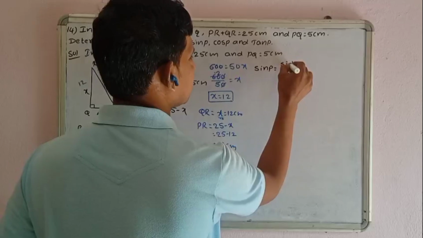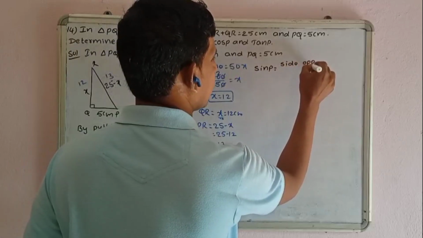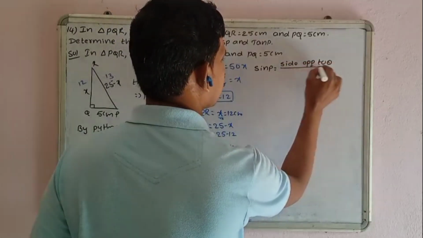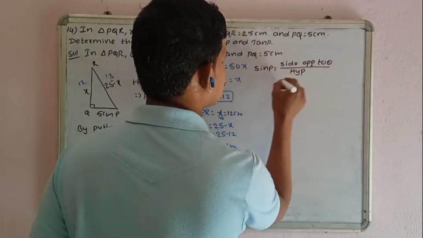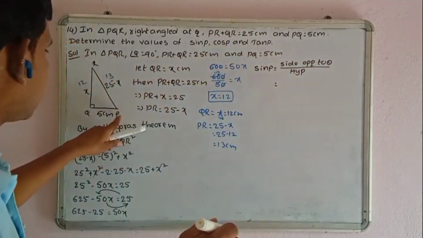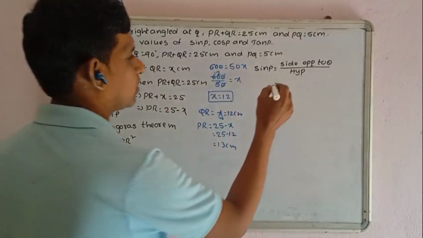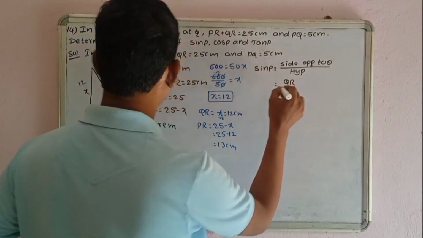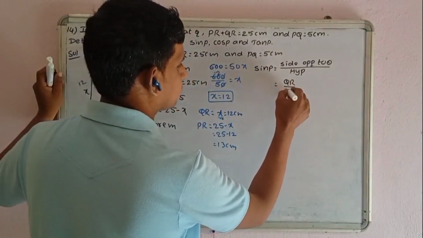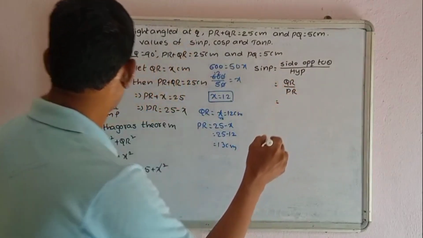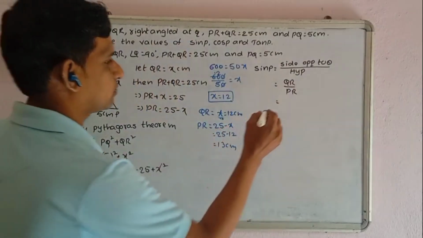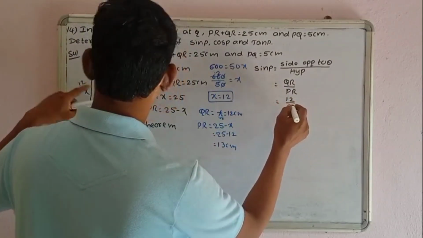Sin P is side opposite to P over hypotenuse. What is the side opposite to P? QR. Hypotenuse is PR. QR value 12, PR value 13.